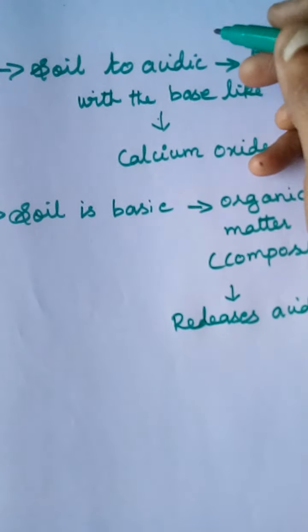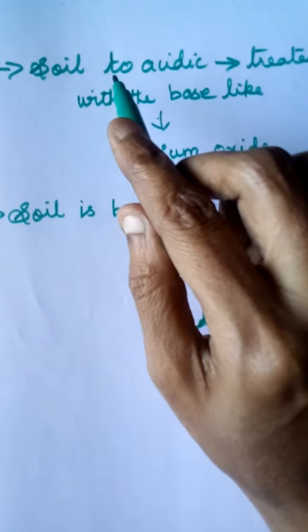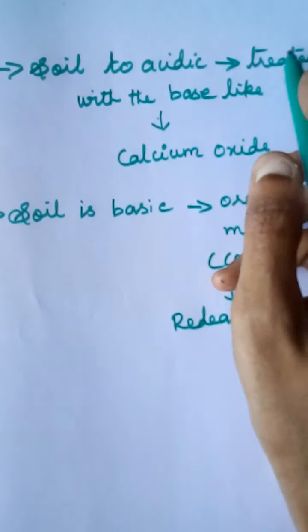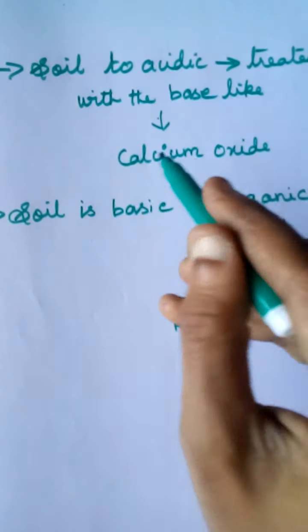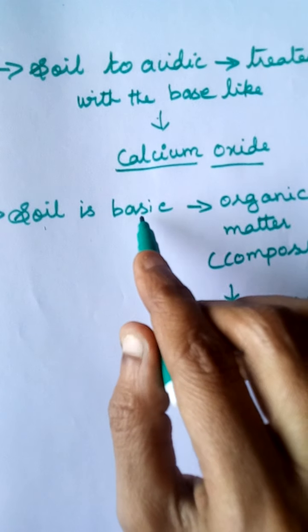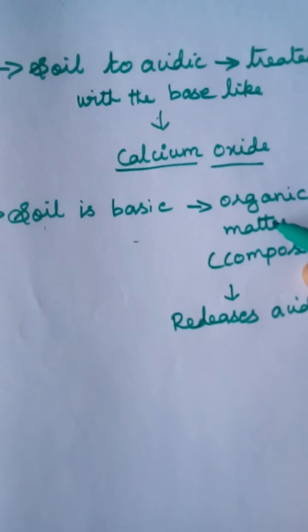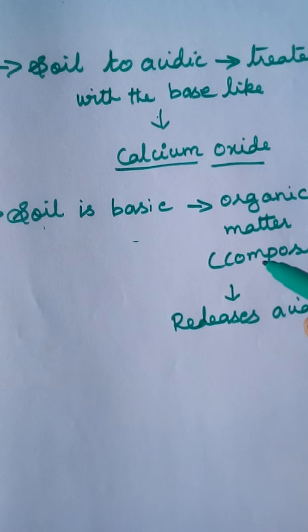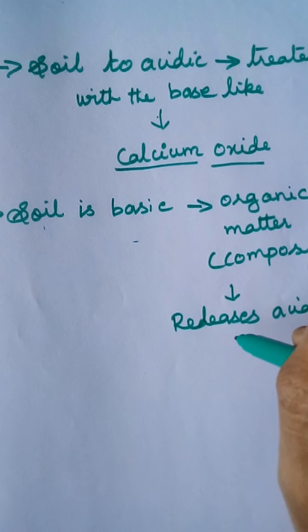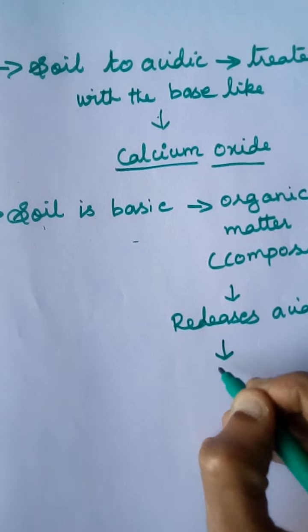So when soil is too acidic, it is treated with bases like calcium oxide; because soil is basic, organic matter is added.